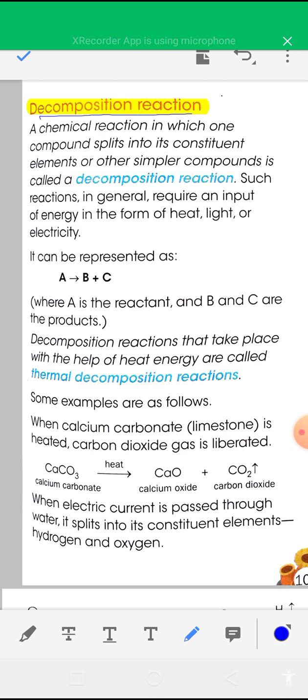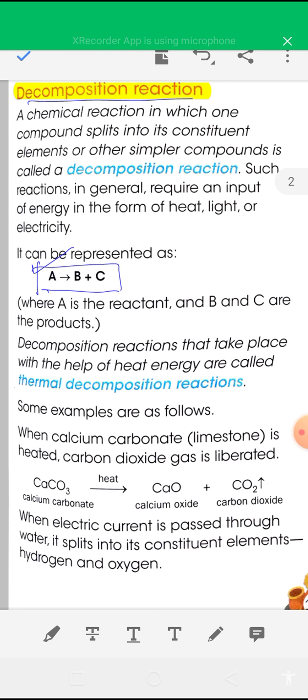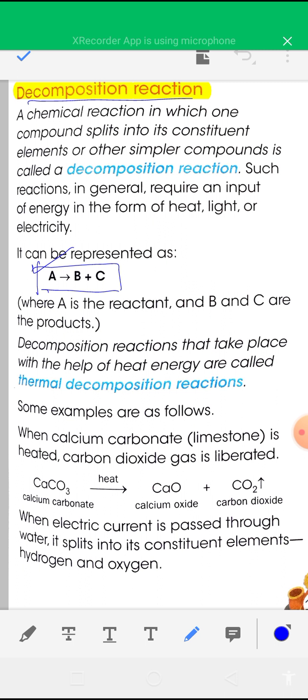It can be represented as A gives B plus C, where A is a single reactant which decomposes to give two different products, B and C. A chemical reaction in which one compound splits into its constituent elements or other simpler compounds is called decomposition reaction.